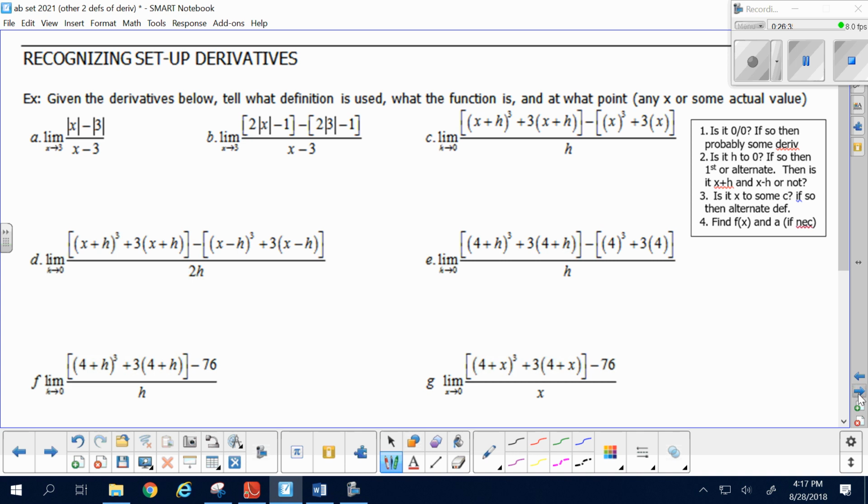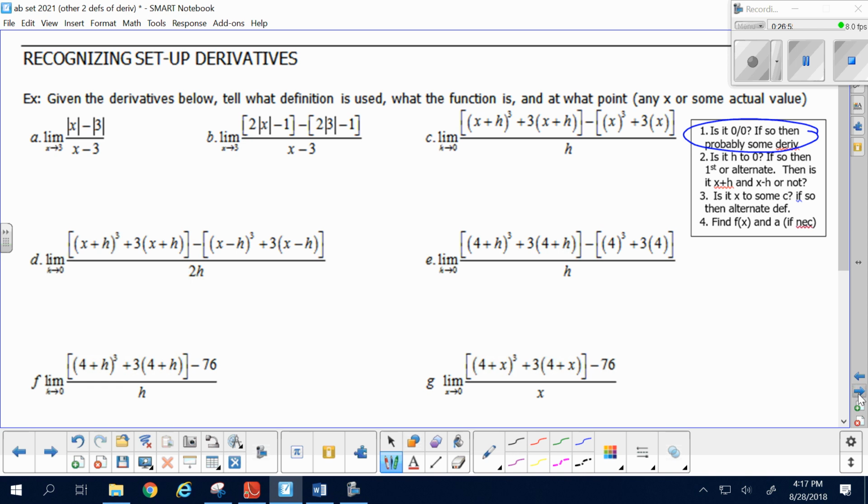In each case, I want you to do three things. I want you to tell me which of the definitions was used, what the function is for this specific problem, and is it at a certain number a, or is it just any old x? First thing, all these will come out 0 over 0. It's probably some derivative.